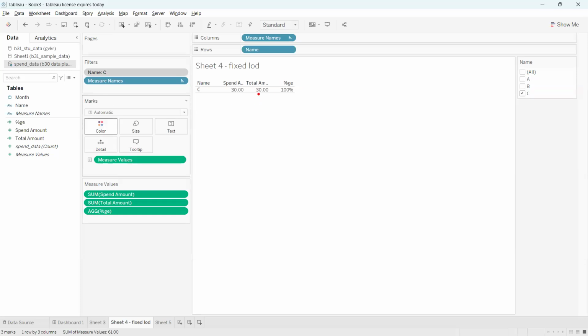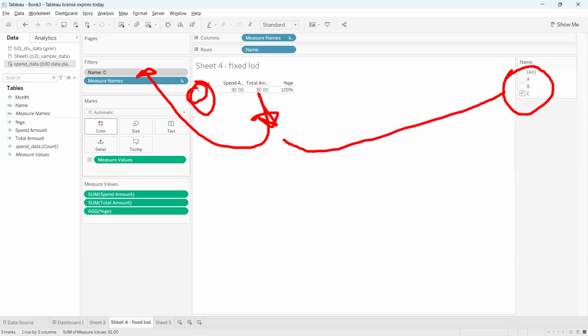Now you see in the sheet my denominator also changes to 30, because in the context I have only person C data. My fixed LOD goes to the context filter and sees how many persons are there. I have selected only one person, so my denominator also becomes 30.